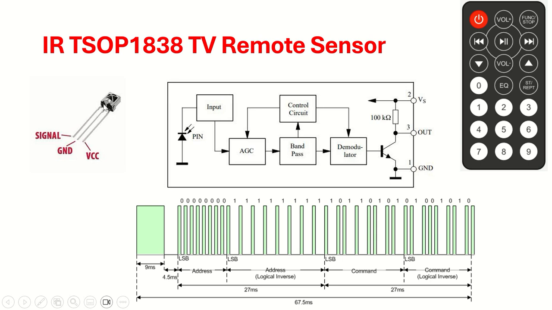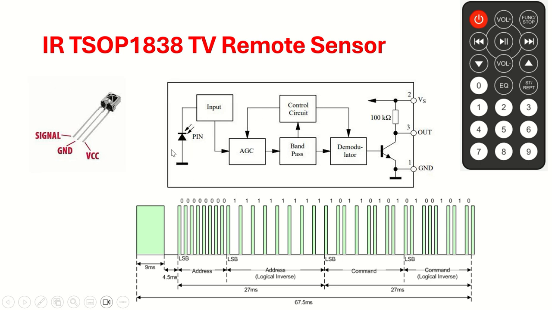Naturally, this fellow, which is a 3-pin sensor with VCC, ground and signal, will receive the signal, and the signal is nothing but the output pin. How is the signal generated?